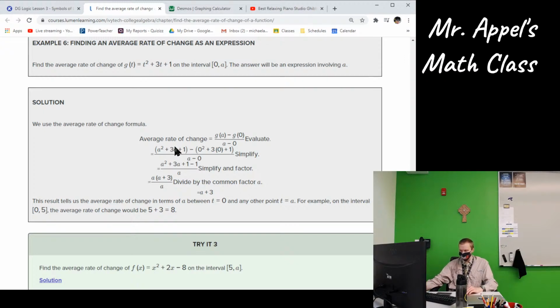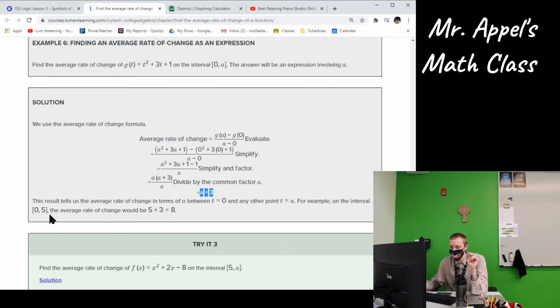Or in this case, looks like we plug in A, we plug in 0, stuff simplifies, right? Factor, divide, and you get down to A plus 3. Right? So at any point on this function, I can determine that the rate of change will be 3 more than the actual value I'm looking at.